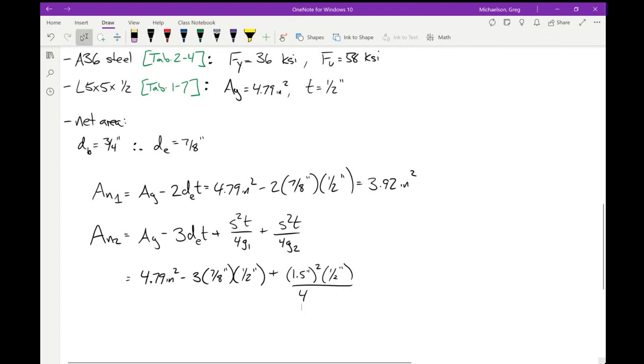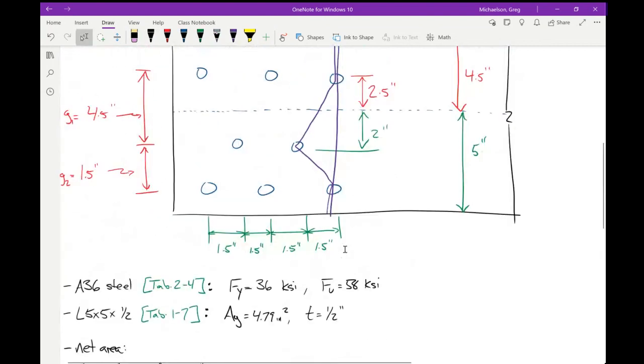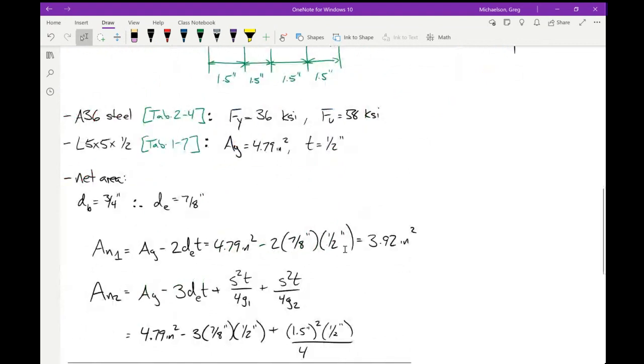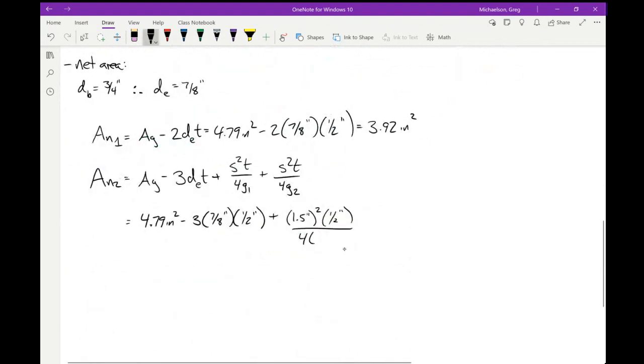And then we got a G1 and a G2. One of them is 4 1/2 inches and the other is 1 1/2 inches. So 4 times 4.5 inches plus 1.5 inches squared times a 1/2 inch. And then 4 times 1.5 inches.